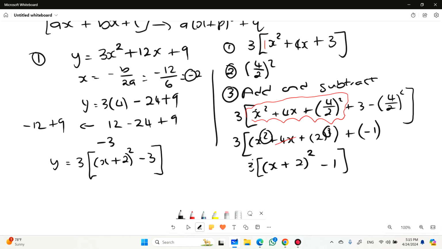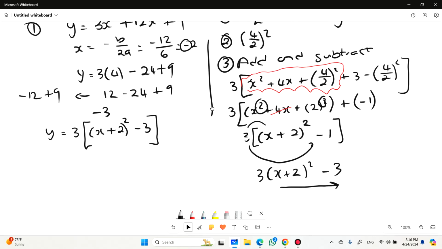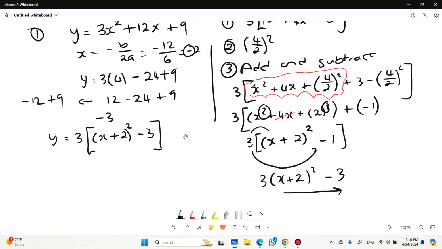Yes, that's right. And then you put the 3 inside, so I'll have 3 times x plus 2 squared minus 3 times negative 1, that will give me negative 3. So I hope that makes sense there.